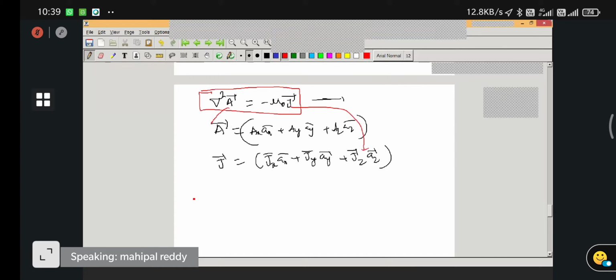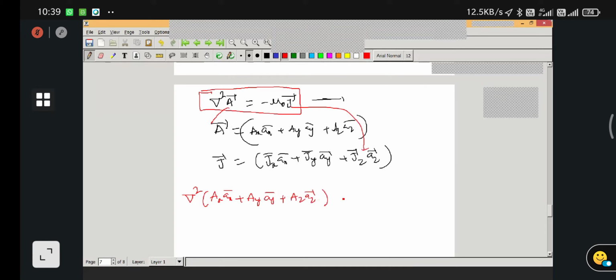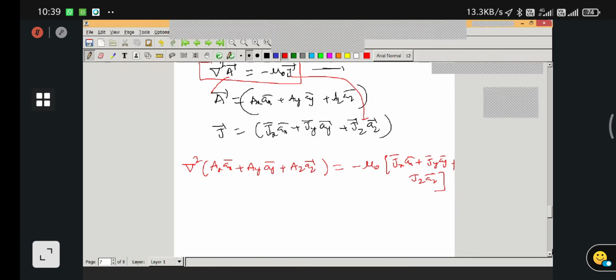Del square of capital Ax small ax plus capital Ay ay plus capital Az az equals minus mu naught times the bracket Jx ax plus Jy ay plus Jz az, bracket closed. This is the vector Poisson's equation of magnetostatics, compared with the Poisson's equation of electrostatics.